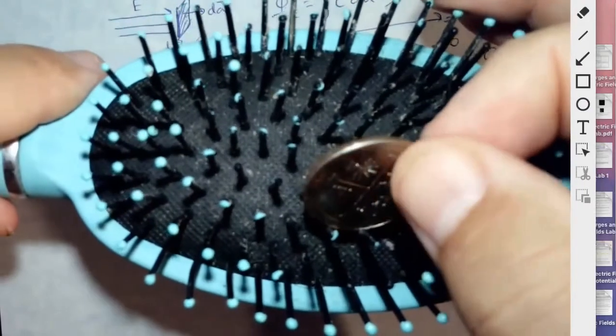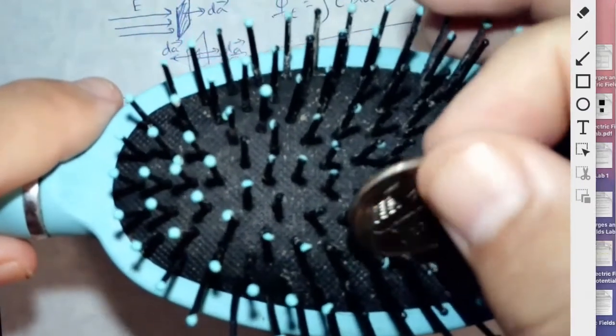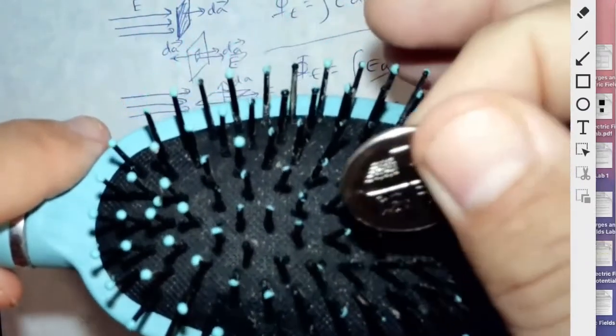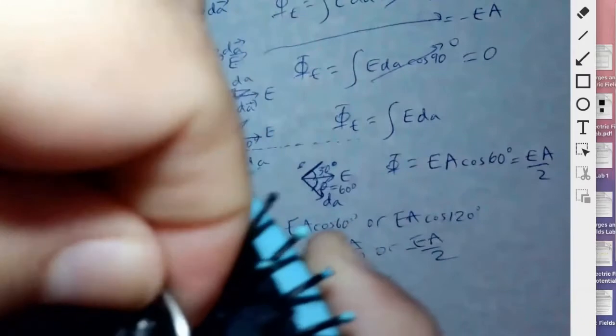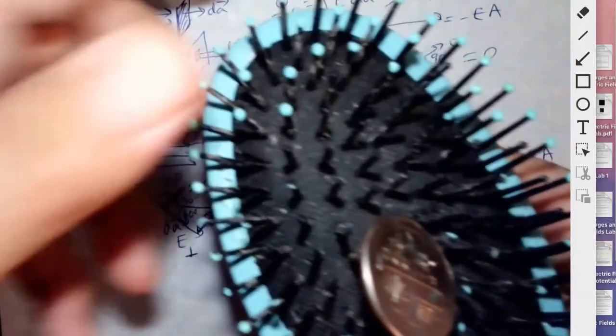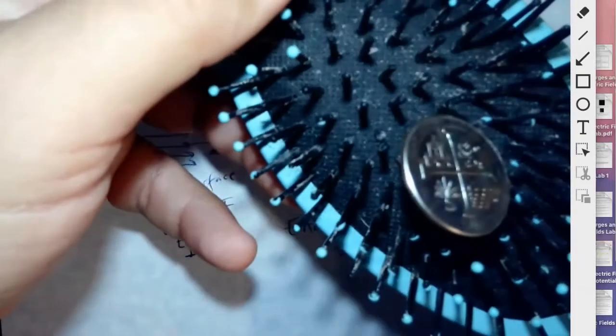And then how about if it's angled? Kind of like this. Try to view it. Angle it like that. So which view is good here?